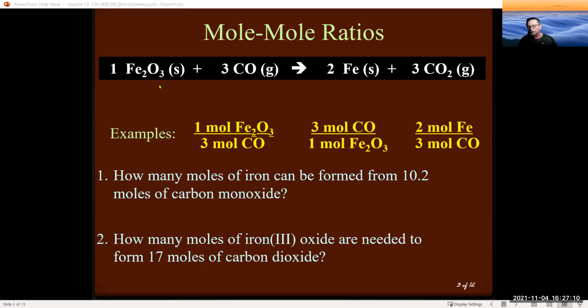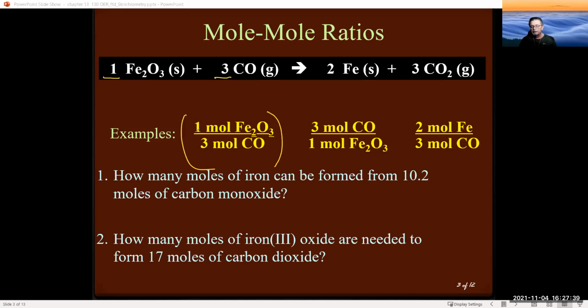Here we have this reaction of iron 3 oxide. It reacts in the presence of carbon monoxide, okay, to give us iron, the element of iron, and carbon dioxide. Notice the ratio between the iron 3 oxide and the carbon monoxide is a 1:3.